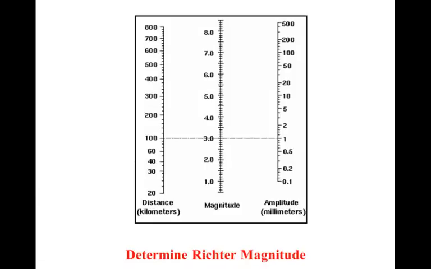Now this is the Richter scale, which you also have in your lab packet. You can see the Richter scale relates amplitude to distance from the epicenter to find the Richter magnitude. In so doing, the Richter scale accounts for the fact that, all other factors being equal, the amplitude of seismic waves being registered on a seismograph will decrease with distance of that seismograph from the earthquake's epicenter.